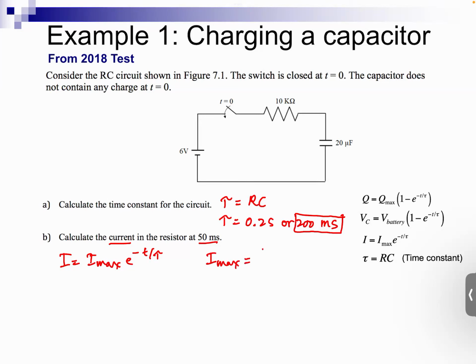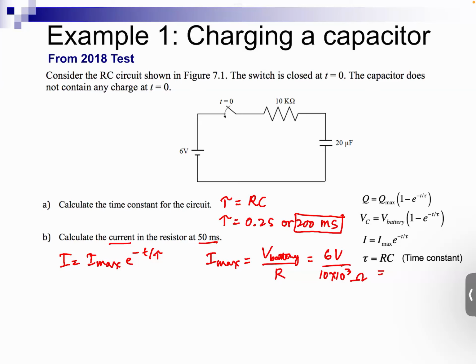And you can find that by taking the battery voltage, dividing that by the resistance, right, using Ohm's law. So you have 6 volts divided by 10 times 10 to the 3 ohms.